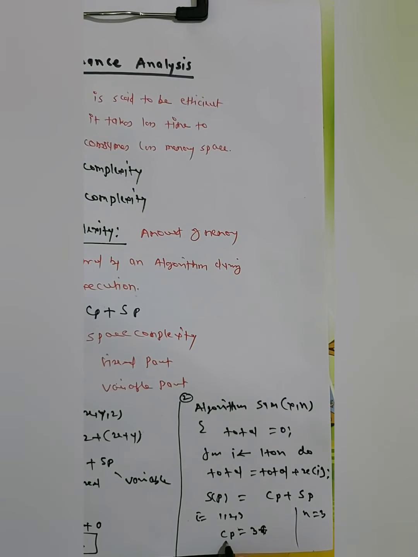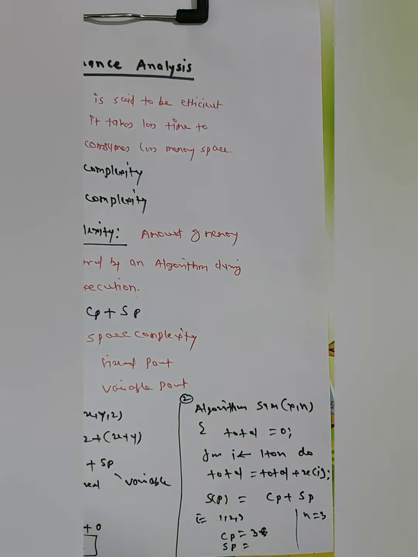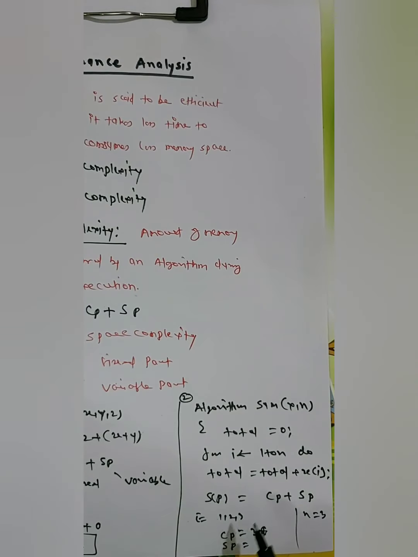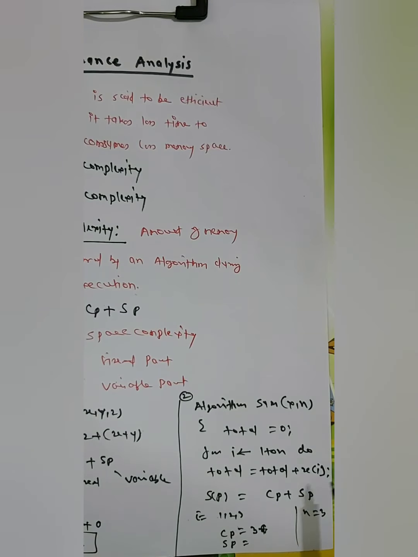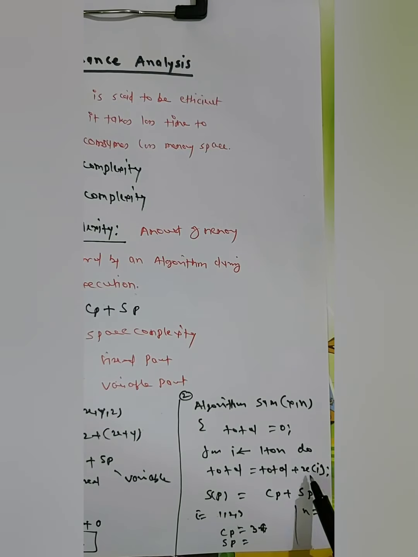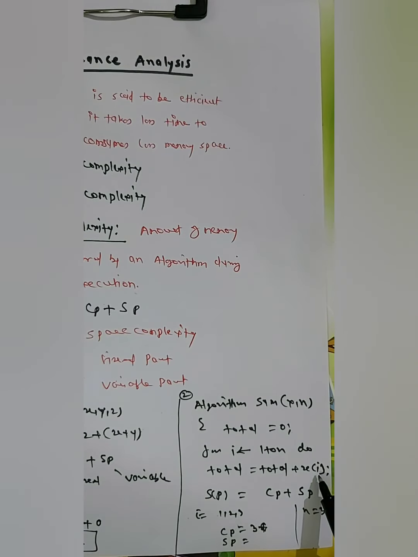Now what is the value of S(P)? The S(P) is a variable, so the total is going to change. How? Total plus x of i. First x of 1 changes, plus x of 2 changes, plus x of 3 changes. So it is changing 3 times, 1, 2 and 3.